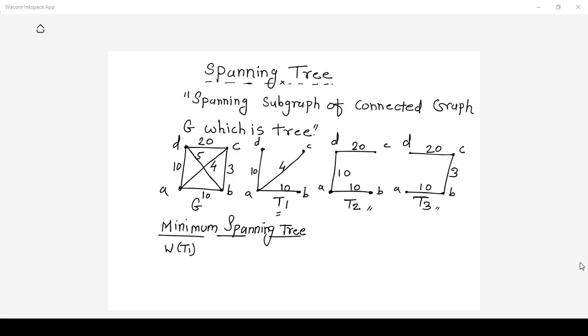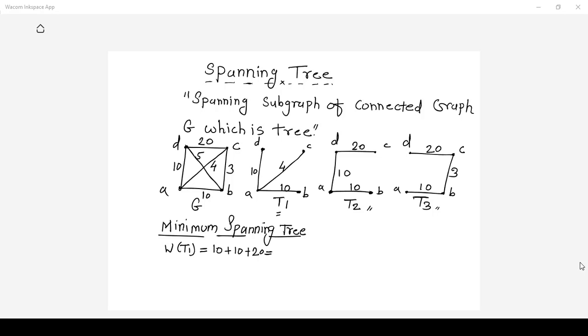So the weight of tree T1 is 10 plus 10 plus 20. I should add the weights or costs of every edge in the spanning tree, which gives you the weight of the spanning tree.